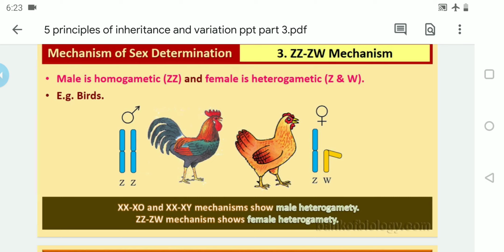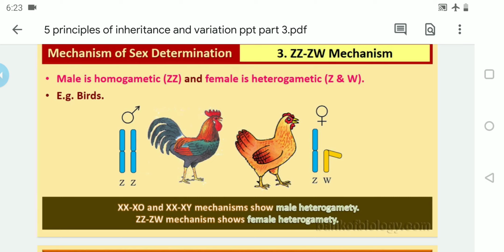So the female produces two types of eggs carrying Z and W chromosomes, whereas the male ZZ produces only one type of sperm carrying the Z chromosome.